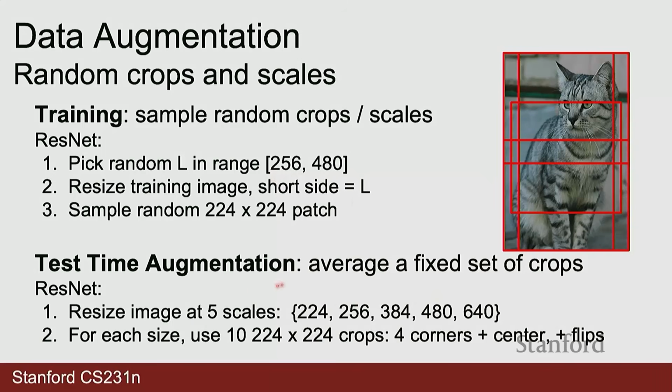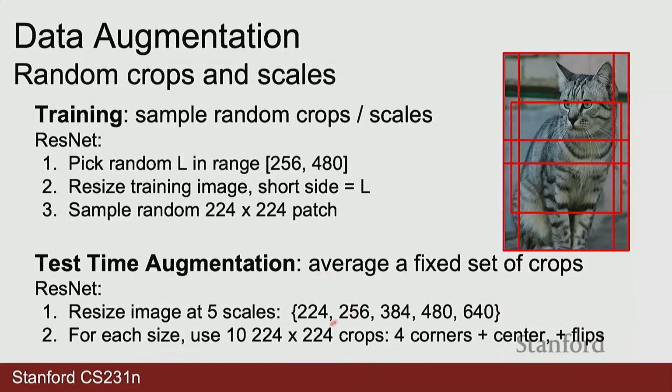This is used in most problems because it works pretty well, and it preserves the relative resolution of your images. And then there's another neat trick you can do with augmentation called test time augmentation. If you really just want to get the best performance possible, you can get a bunch of these different crops and resizes and run them all through your model and then average your predictions at the end.